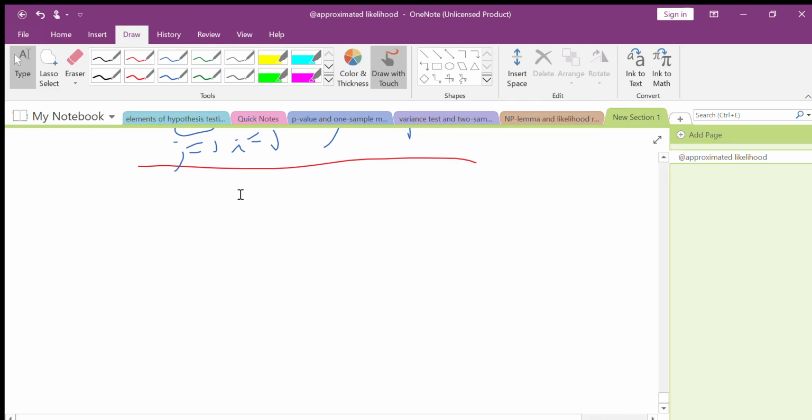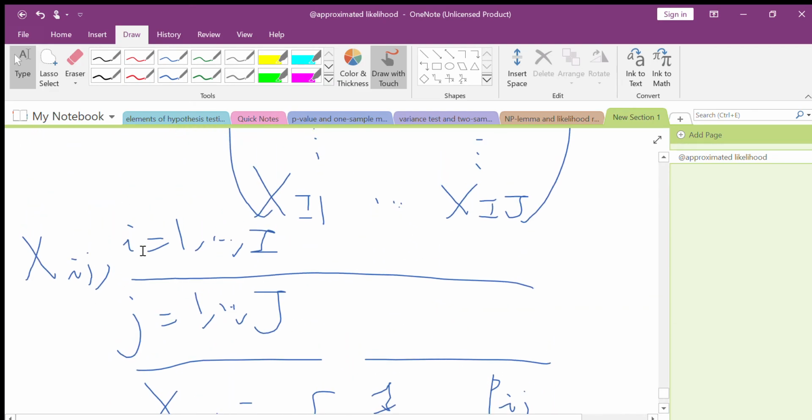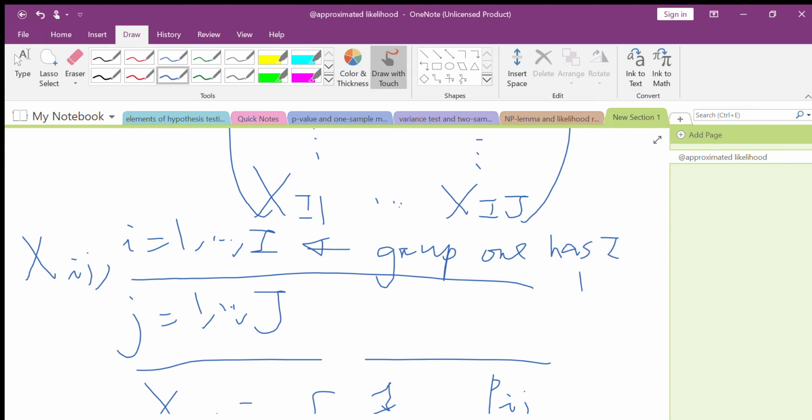So for the i's level, this is group 1, which has capital I levels, and this is group 2, which has capital J levels.